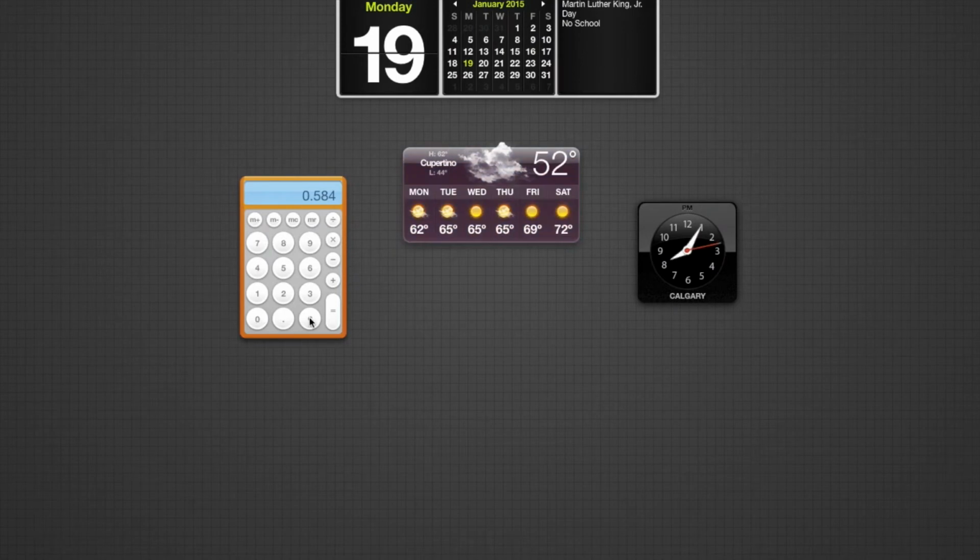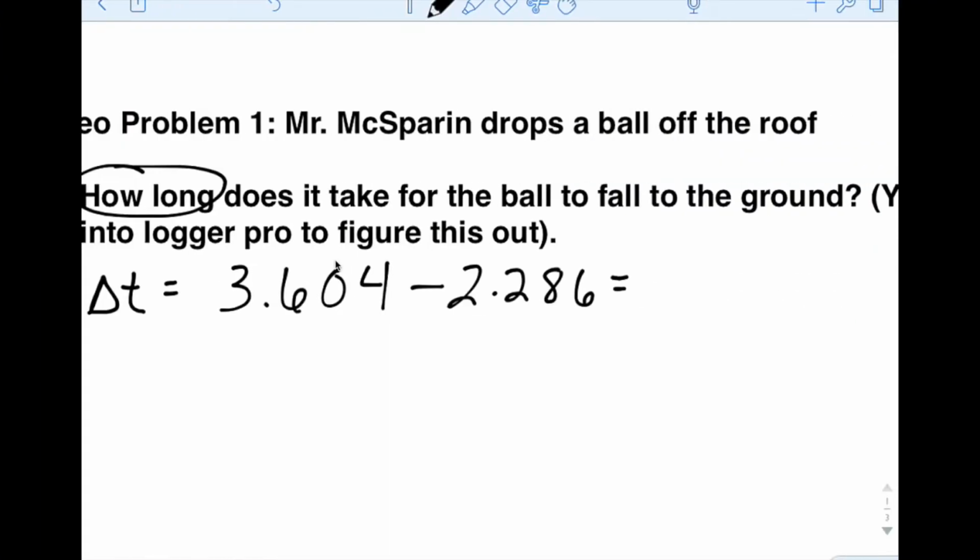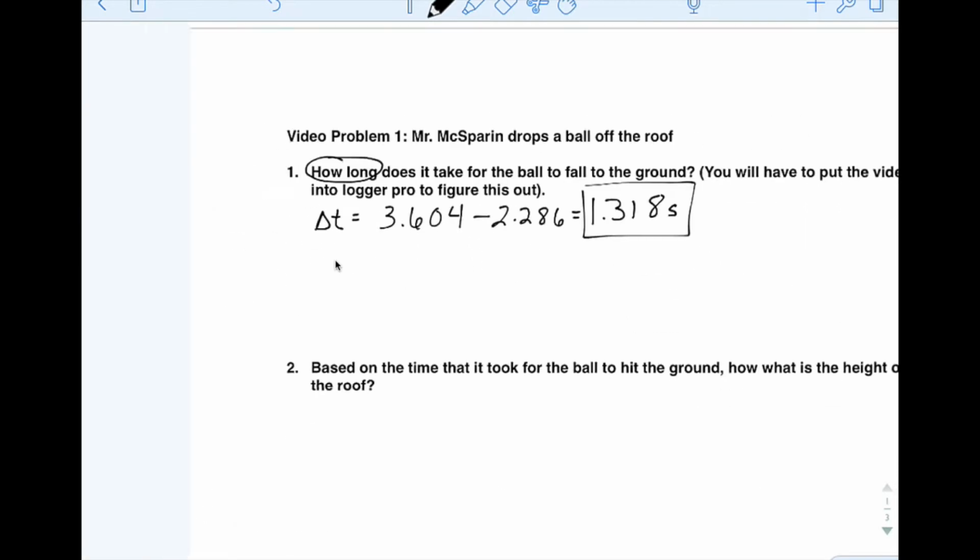I wonder if the calculator will work. Nope, still not working. That's okay. 3.604 minus 2.286 is 1.318. 1.318 seconds. So that's my delta t right there.